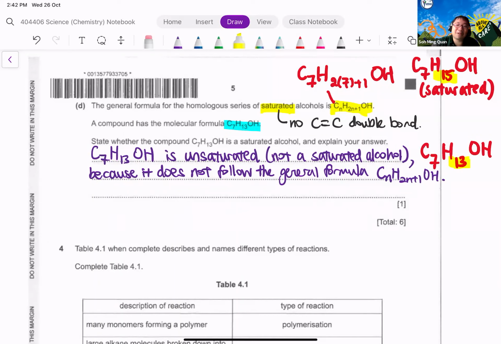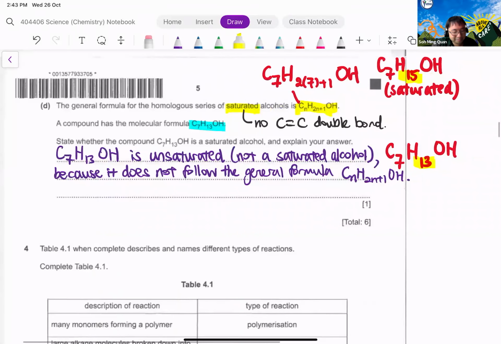So Leon, would you like to guess how many double bonds between carbon there are, if you look at the hydrogen atoms? Okay, make a guess. It's not 3 double bonds. How many double bonds are there?